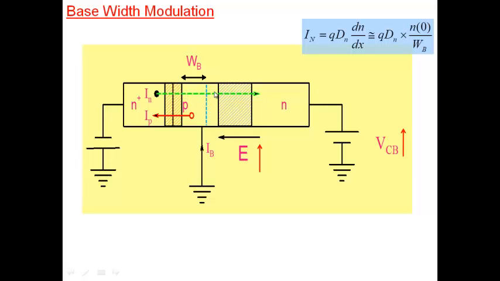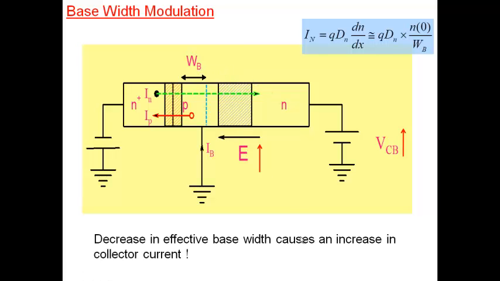We said that there are two processes, drift and diffusion. So the current flows due to diffusion here. Diffusion current depends on the gradient, and the gradient will depend on what the base width is. So as you increase the collector base voltage, you are decreasing the base width and causing the electron current to increase.